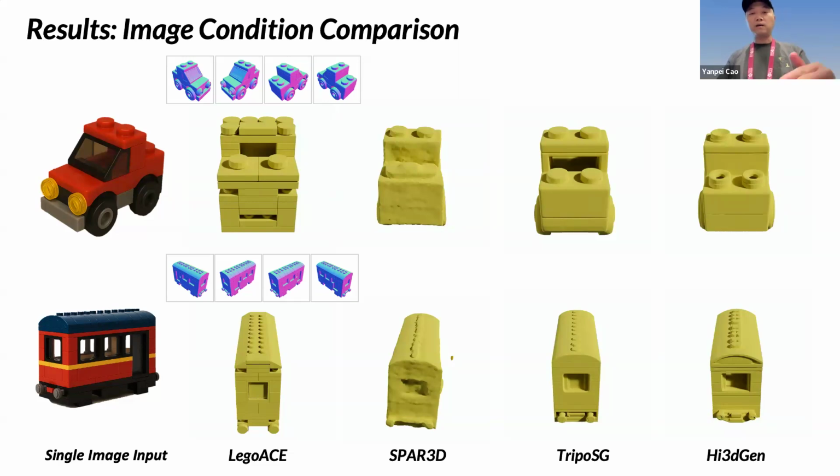And Lego ACE, on the other hand, generates a valid and buildable assembly directly from the image. Thus it can faithfully follow the input while respecting the constraints learned from the data of the Lego system.